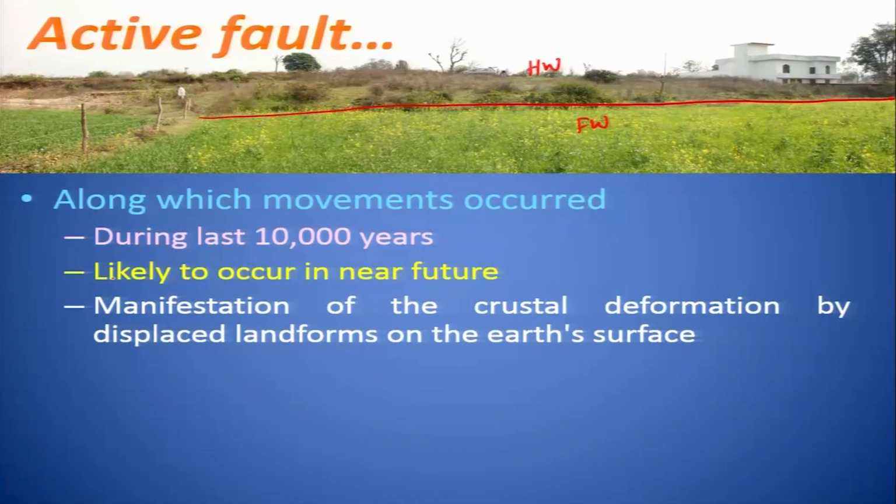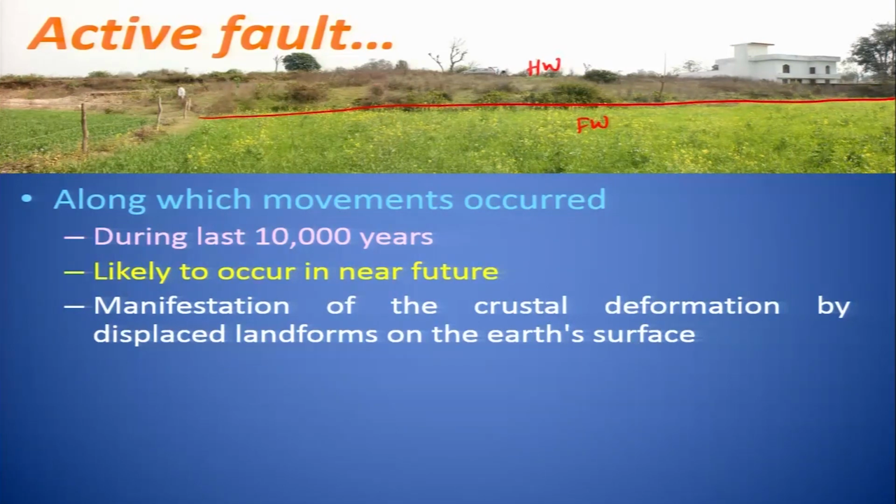These faults are likely to trigger earthquakes in the near future, and the active fault is the manifestation of crustal deformation by displaced landforms on the Earth's surface.